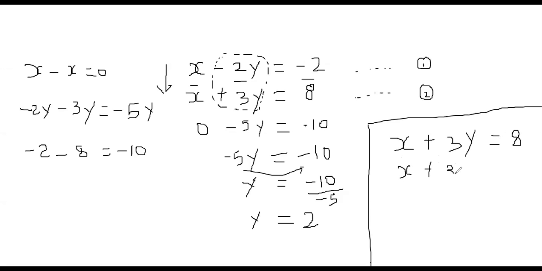So y is here, so we put 2 instead of y. It's multiplying here, so 3 times 2 will give us 6. Then we make x the subject. We take over 6; 6 is adding, so it will subtract.